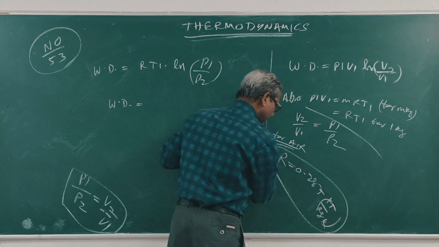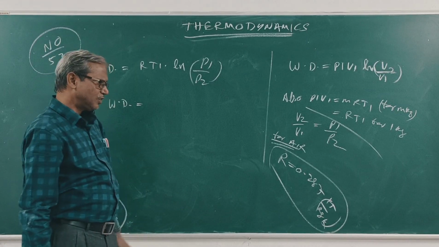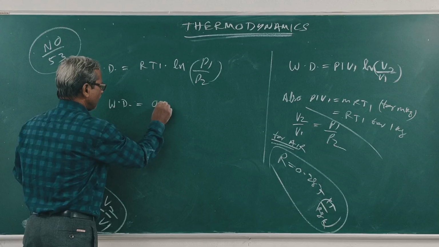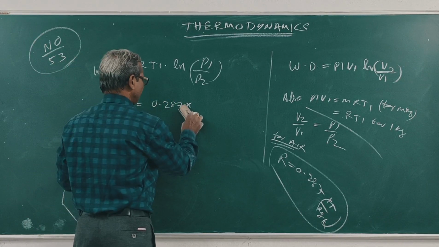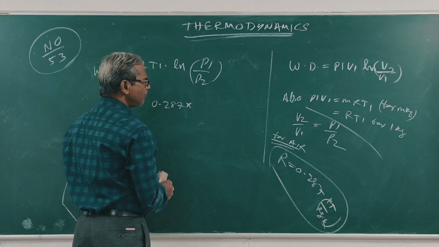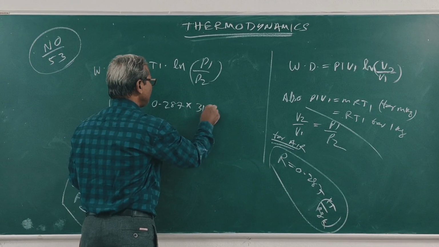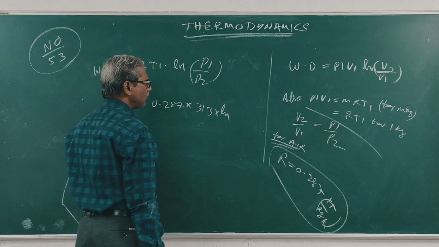This is for air. Clear? Put here. So work done is equal to R T1, where R is 0.287, T1 is 313, ln (P1 by P2).